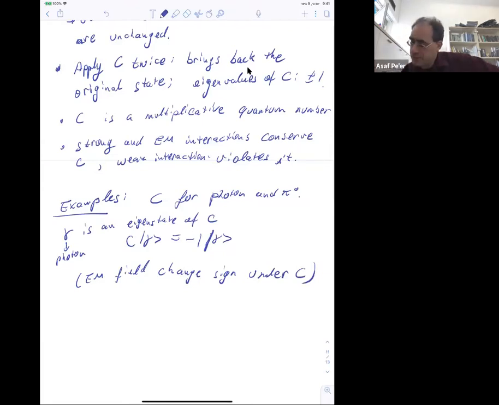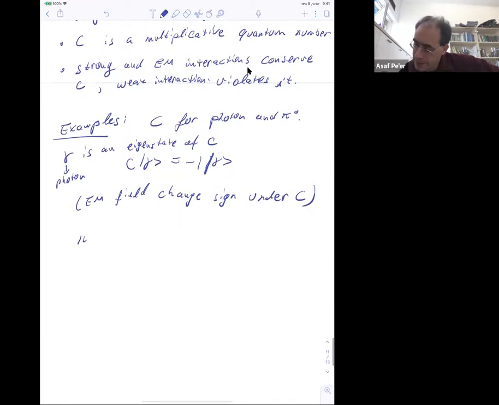What about the pion 0? Here I'm going to use the observational result, which means that the most common decay channel of the pion is to 2 photons, and not, for example, to 3 photons. Without charge conjugation, it could have decayed into 3 photons as well.